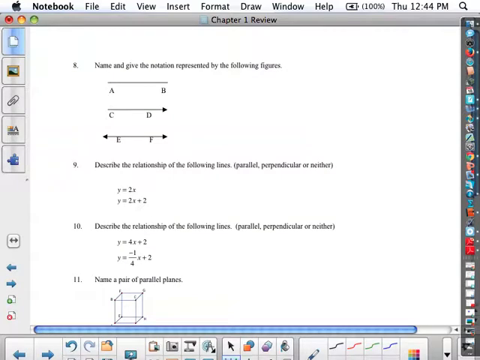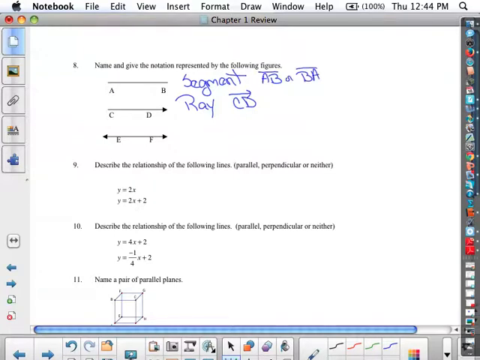Okay, number 8. What I'm really looking for is, can you identify that this is a segment? And then do you know the correct notation, A, B, with a line over it? The second one is a ray, and the notation for this is C, D. Let me go back to segment for a minute. Remember, you could also write that as BA.